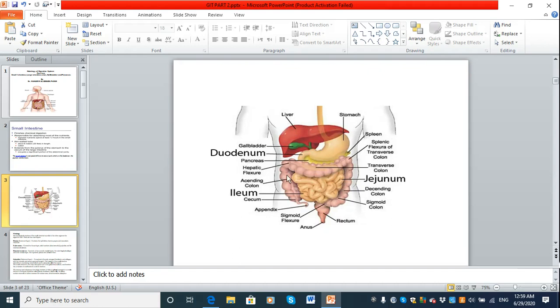It is in the first part of the ascending colon, the first part of the large intestine, and then we have the transverse and then the descending colon. You will see the stomach, and then where it starts at the point of the pylorus.